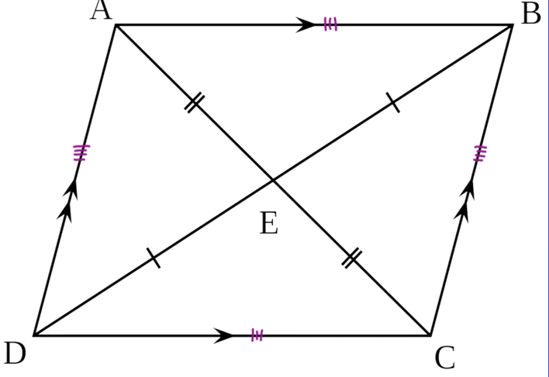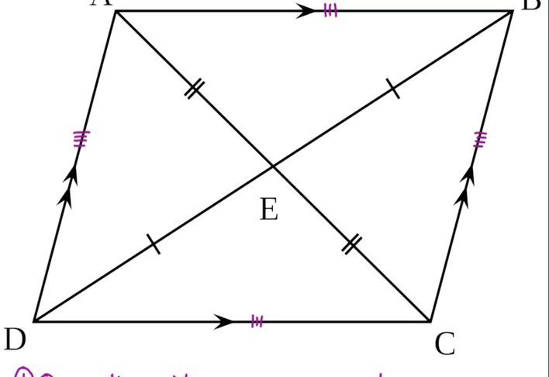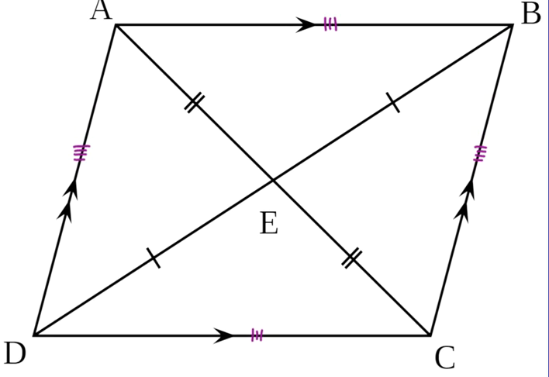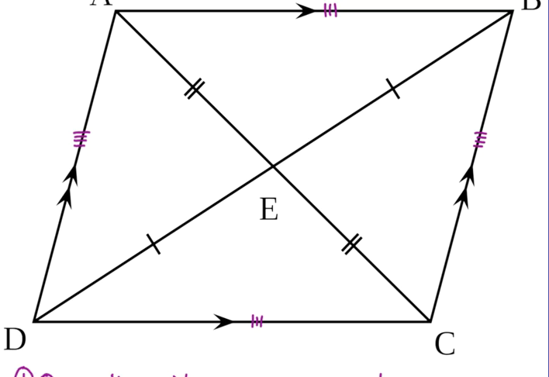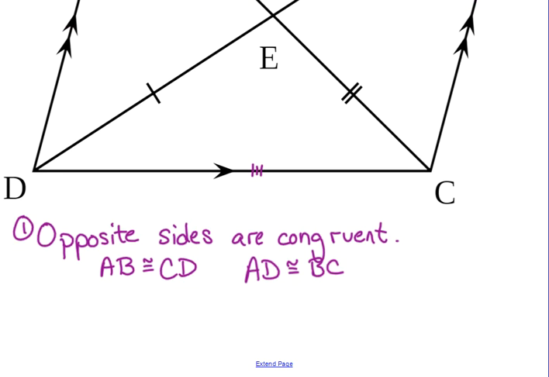Let's talk about the angles. Well, while we're talking about sides, let's talk about those diagonals. A to C is a diagonal. Okay, B to D is what we call a diagonal. It connects the opposite vertices of our parallelogram. So with the way it's marked, those diagonals bisect each other. Okay, property number 2, diagonals bisect each other. Now they're not equal to each other.